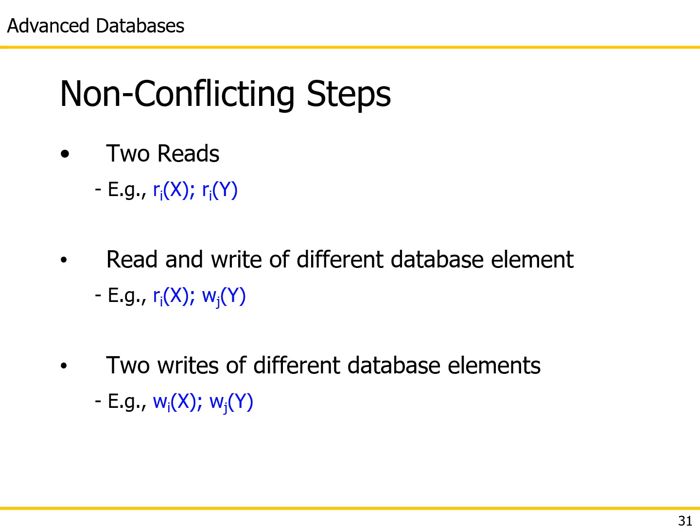So what are the non-conflicting steps? Remember, non-conflicting steps are the ones that we're going to play with. These are the ones that we are going to manipulate to generate a schedule that's fair and also equivalent to a serial schedule. So there are three non-conflicting steps. First, transaction I reads X and transaction J reads Y. So you're reading age and you're reading address.